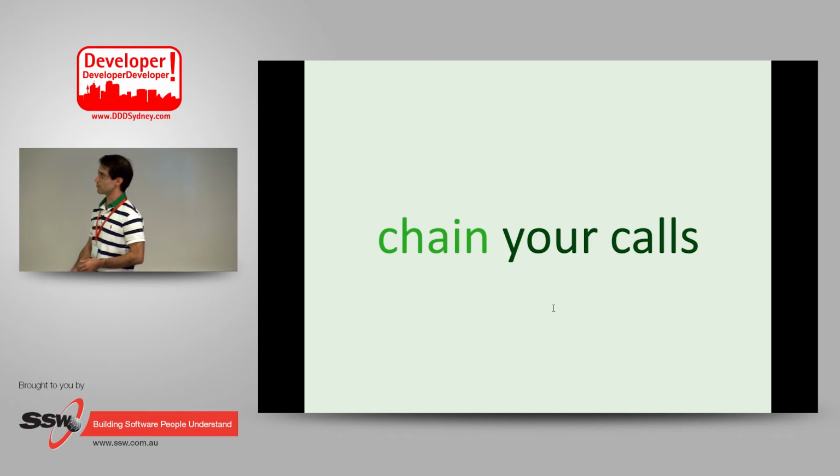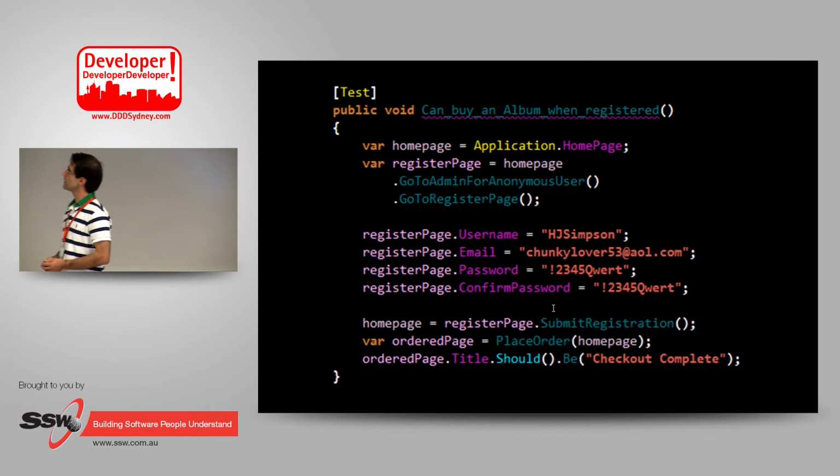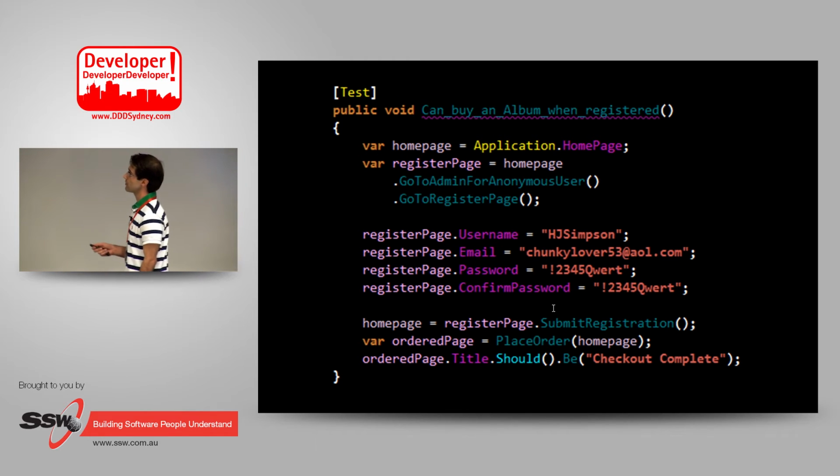That allows you to chain your code, which is really nice. So here I'll say on the home page, it returns me to the home page. Then I can call go to admin for anonymous user, which takes me to the logon page. From there, go to register page, and then set some properties to fill in the form, submit registration, takes me back to the home page, and at the end, I place order.